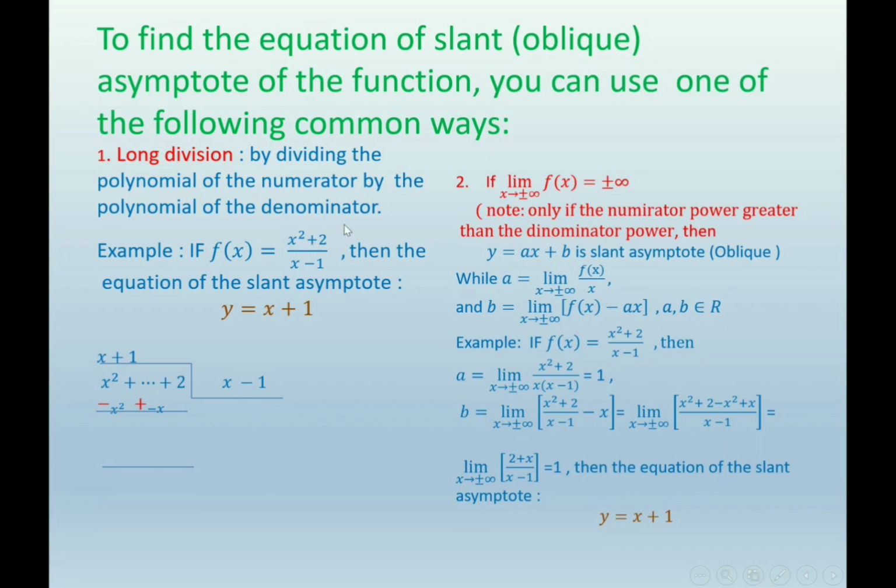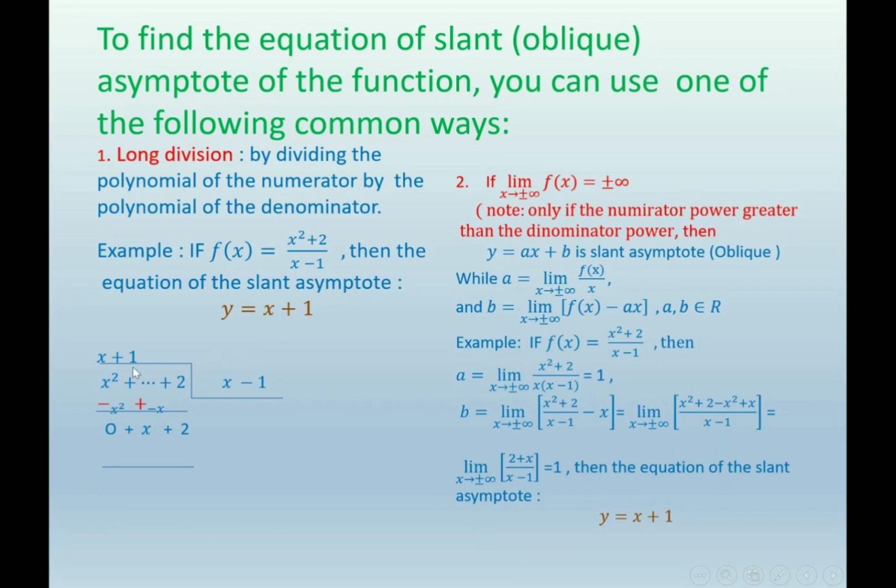An example: if f of x equals x squared plus 2 over x minus 1, then the equation of the slant asymptote will be y equals x plus 1.